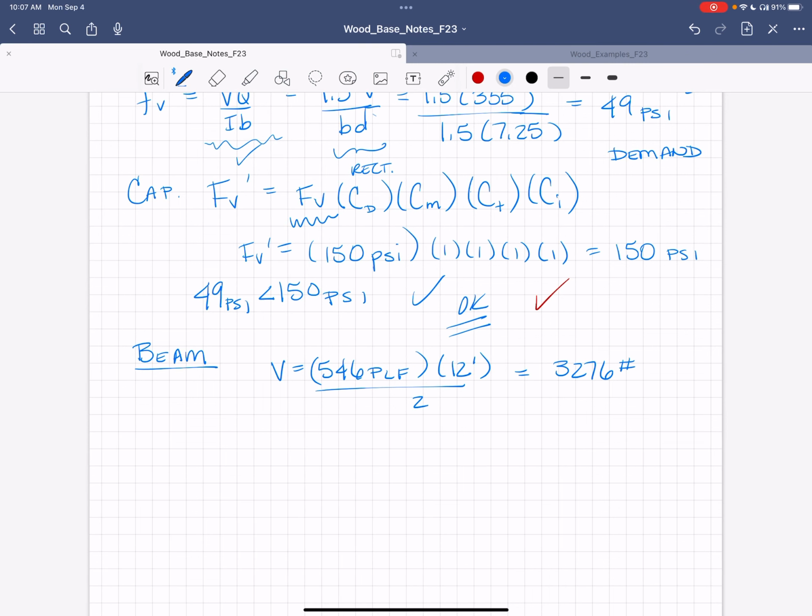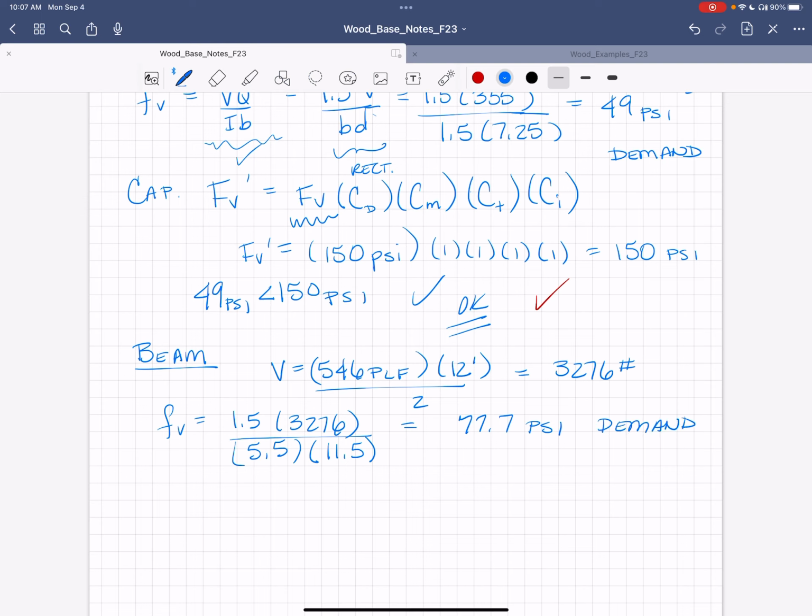Okay, that's the shear force demand, and the shear stress demand is 1.5 times 3276 over 5.5 times 11.5. And that gives me 77.7 psi. Yeah, that's my demand shear stress.